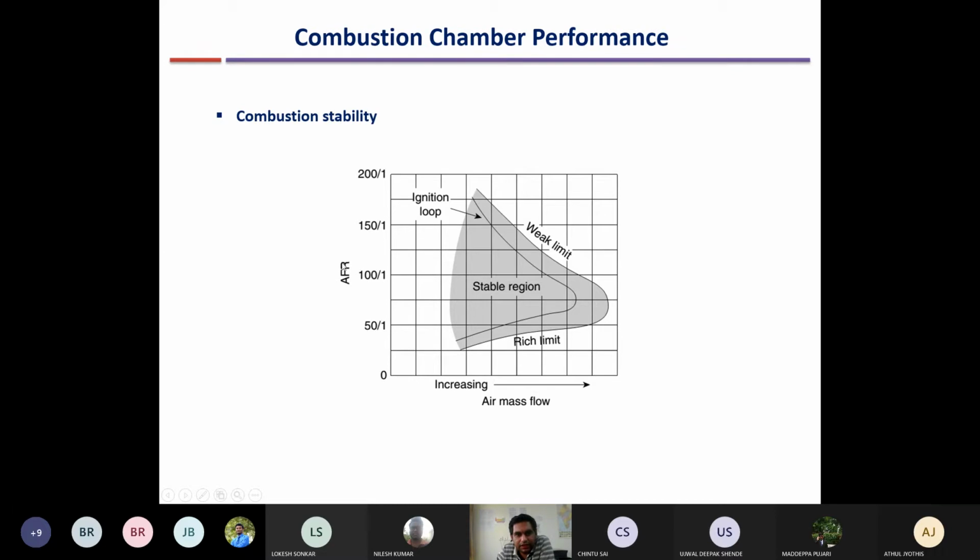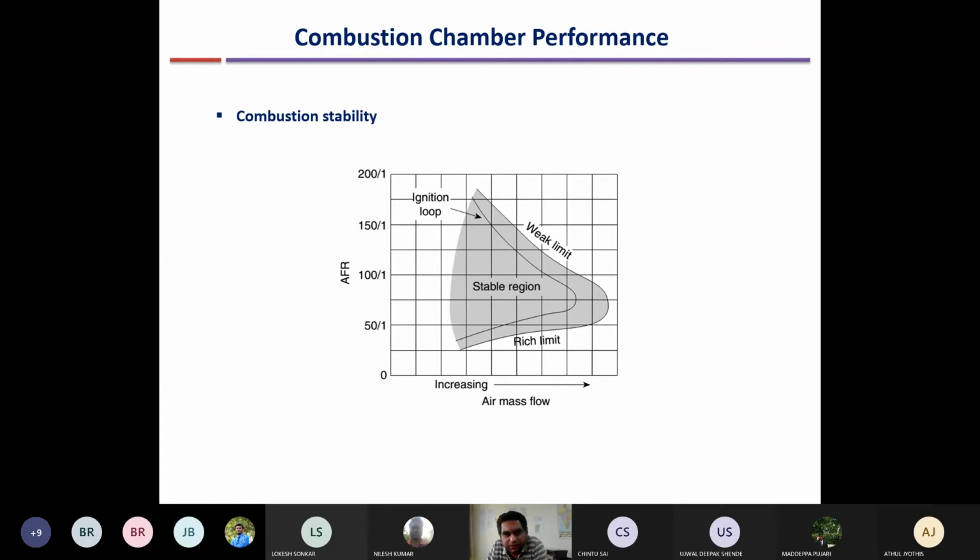Let us consider the air fuel ratio at a certain mass flow rate, say this vertical line. This is a constant mass flow rate, but the air fuel ratio is changing from say 0 to 200. If you go to a very high air fuel ratio, the reaction rate goes down, and as Ujjwal was saying, if you go to an even higher air fuel ratio, the flame itself will stop, because you cannot sustain the flame at that low temperature.